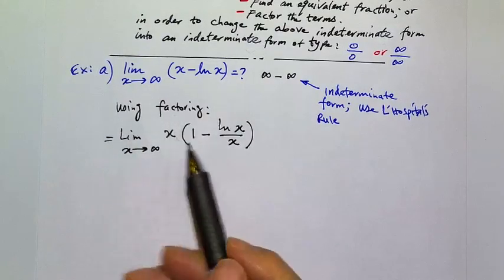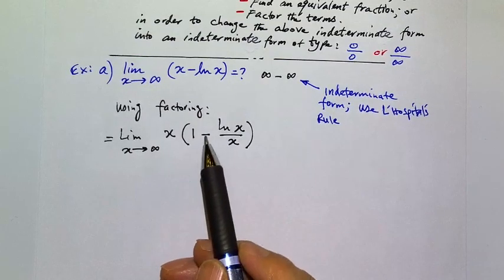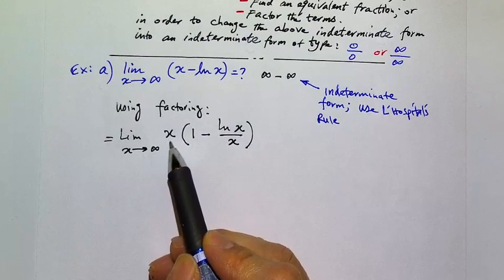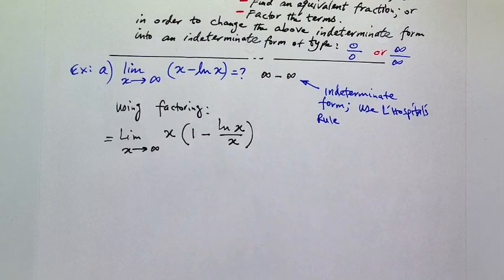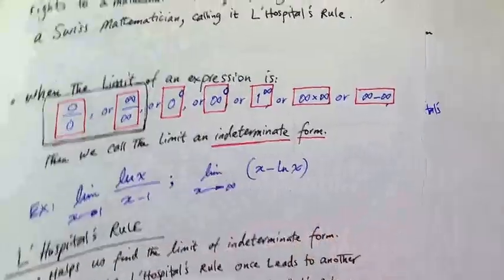You see that? So factoring, we were able to generate a fraction. Now, if you take the limit of this piece, we will just get infinity, right? And that's not an indeterminate form, right? If I look back at these, that in itself is not an indeterminate form.